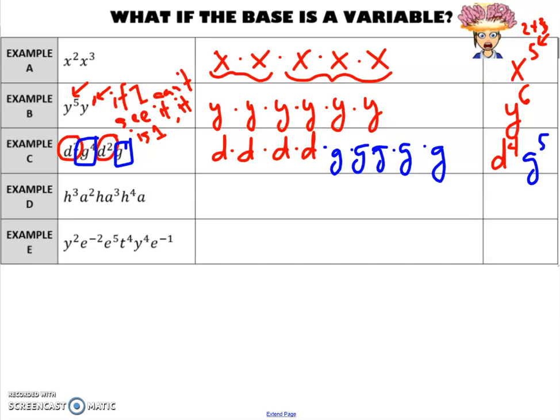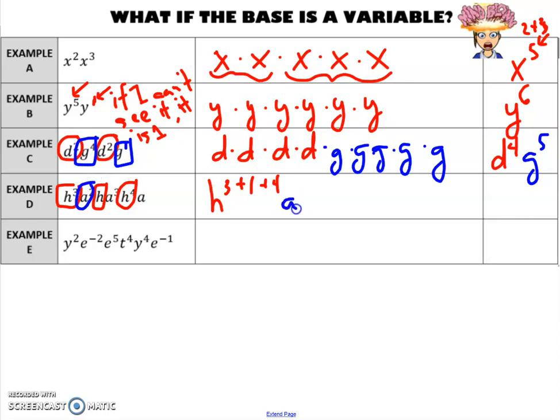Here we go, let's look at our next one. We have h and a. I'm first going to mark up my h's. This time I'm going to do it with the rule, so I add up the exponents. I have 3, plus my next one, which if I don't see it is 1, and then my last one is plus 4. Now I'm going to jump into my a's.